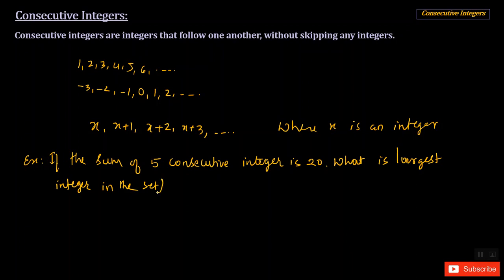Alright, so I have taken just a simple one to explain. The sum of 5 consecutive integers is 20. What is the largest integer in the set?